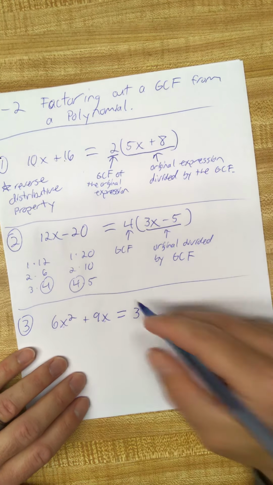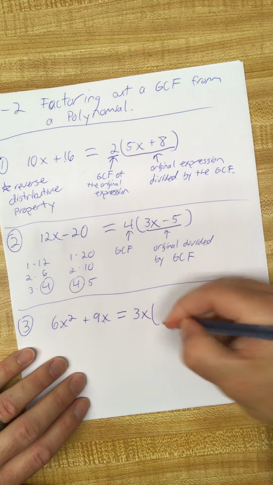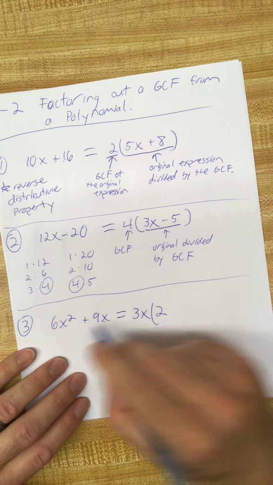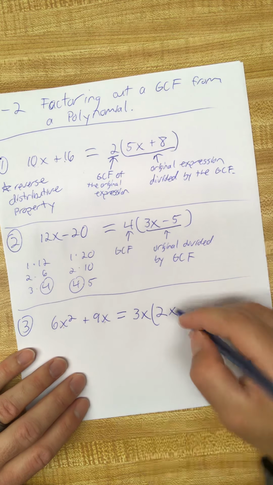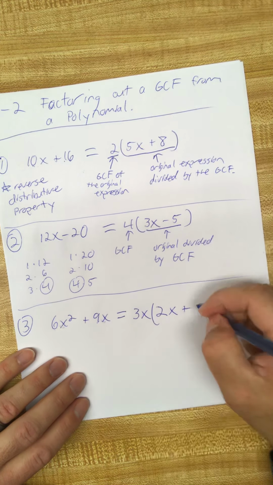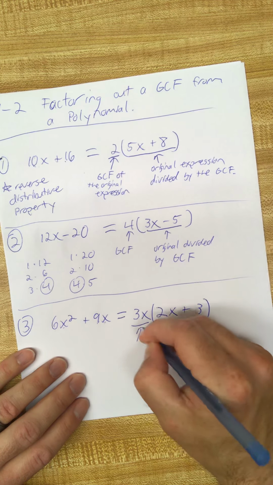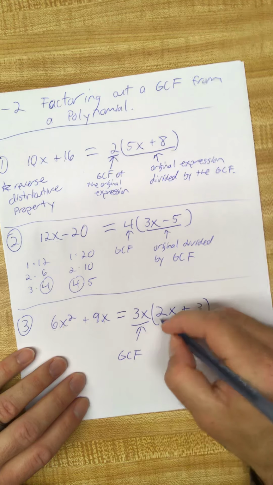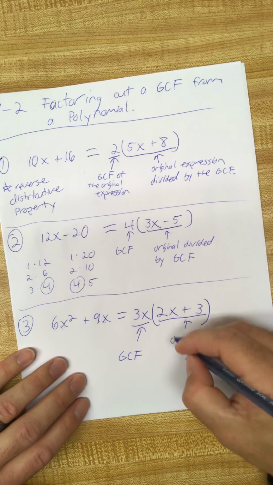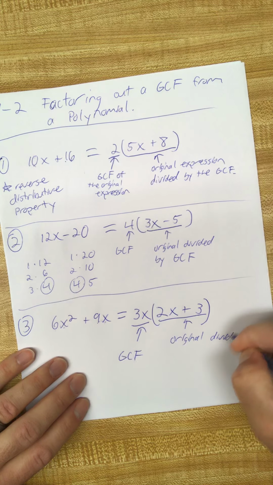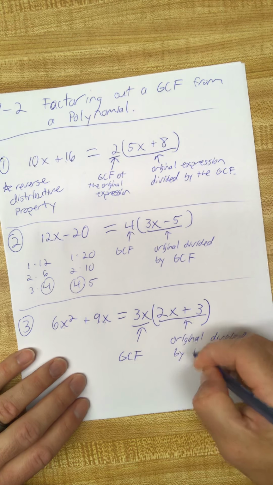If I want to take the same amount from both, I can take an x from both. So then 6 divided by 3 is 2. I took one of those x's, plus 9 divided by 3 is 3, and I took the x. So again, that is your GCF right there. And this is your original divided by the GCF.